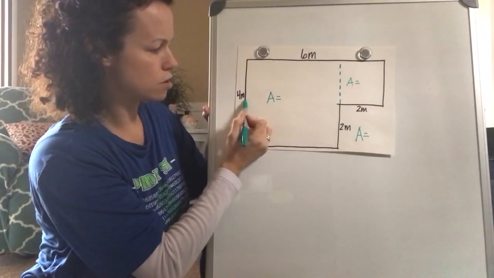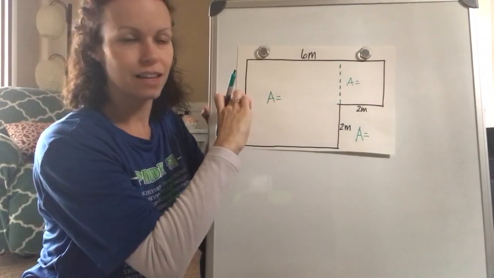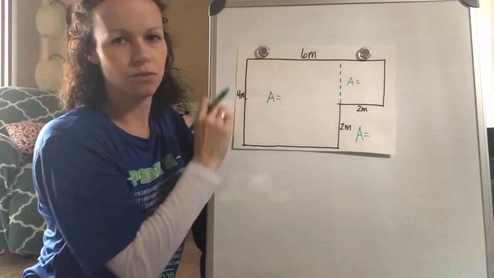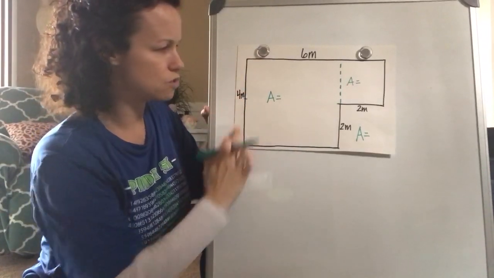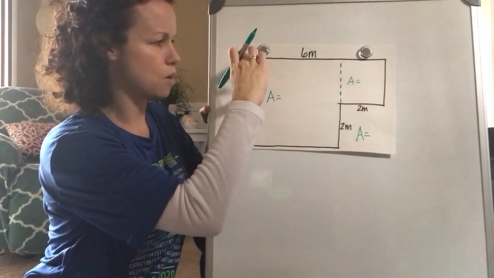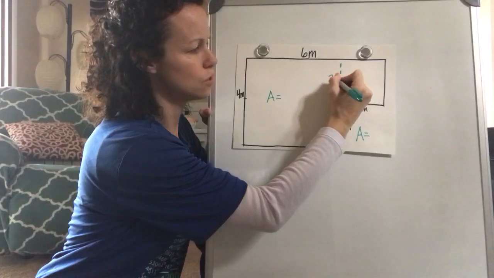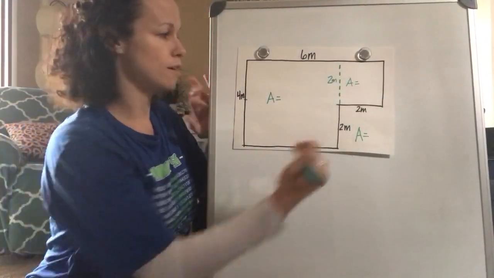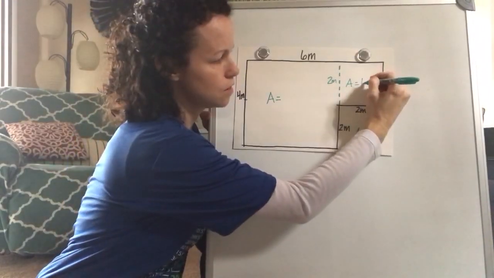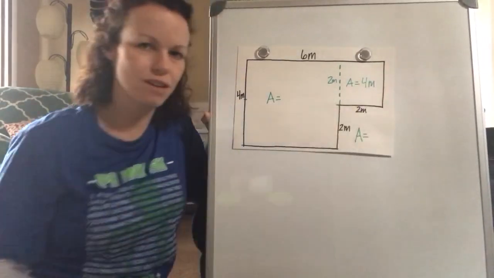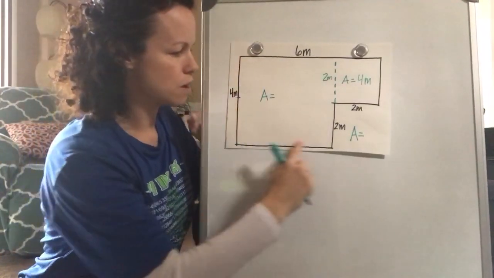Well, if from here to here is 2 meters, then that leaves me this part, from here to here, and the whole thing was 4. So 4 minus 2 meters means that this top part is 2 meters as well. So we actually have a square there. The area of this square, 2 meters times 2 meters, would give us 4 meters, okay?